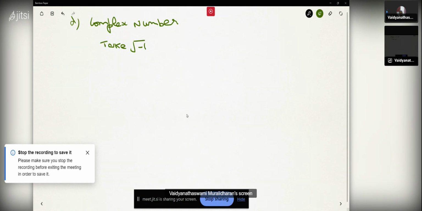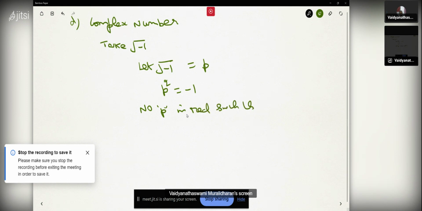Let square root of -1 equal to p. That means p square equal to -1. In the real set, there is no p such that p square equal to -1.